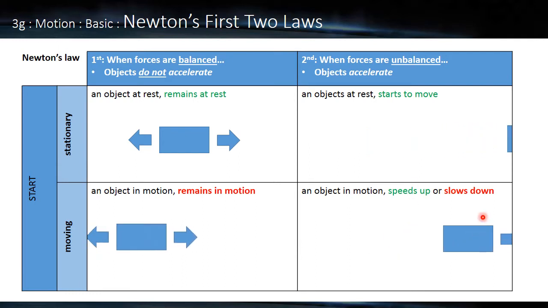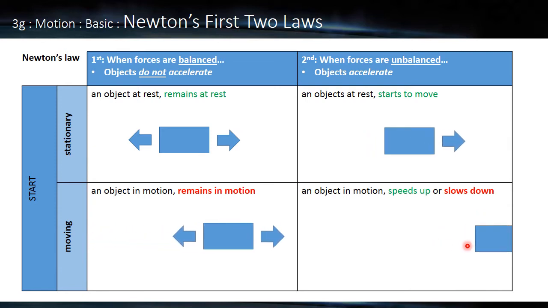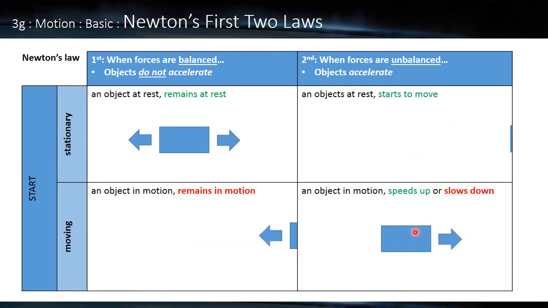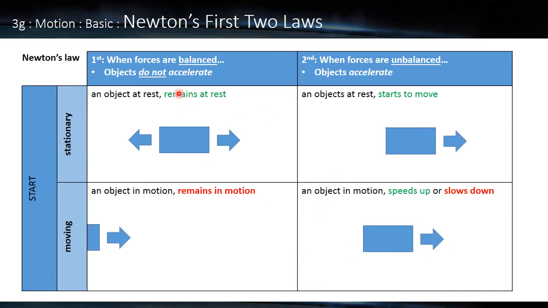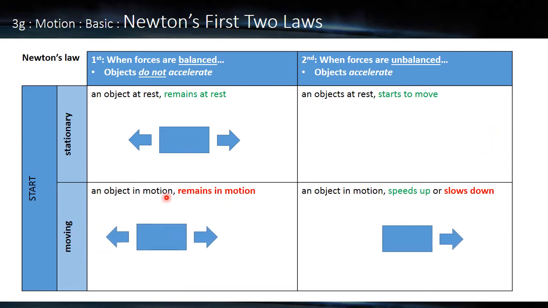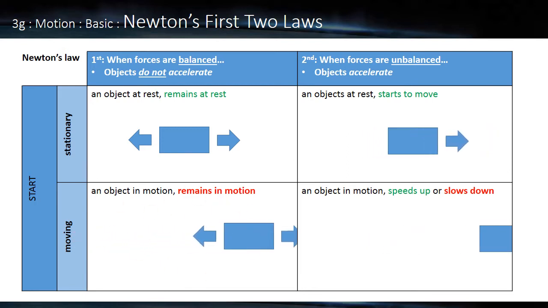What we find harder to understand is if the direction is to the left, but the force is to the right. All this is doing is slowing down, as we've said, but people find this harder to understand. So four situations, two laws, stationary and moving. And probably the hardest one to understand is this one here. So let's look at that in a little detail.